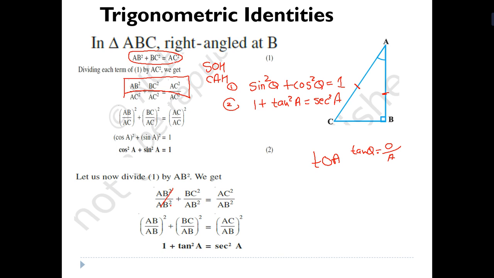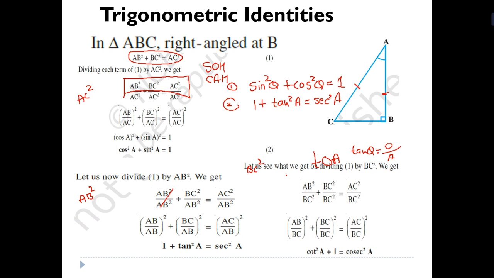Now we divided already by AC square, and the second time by AB square. Now we can divide by BC square, and we can get another result.